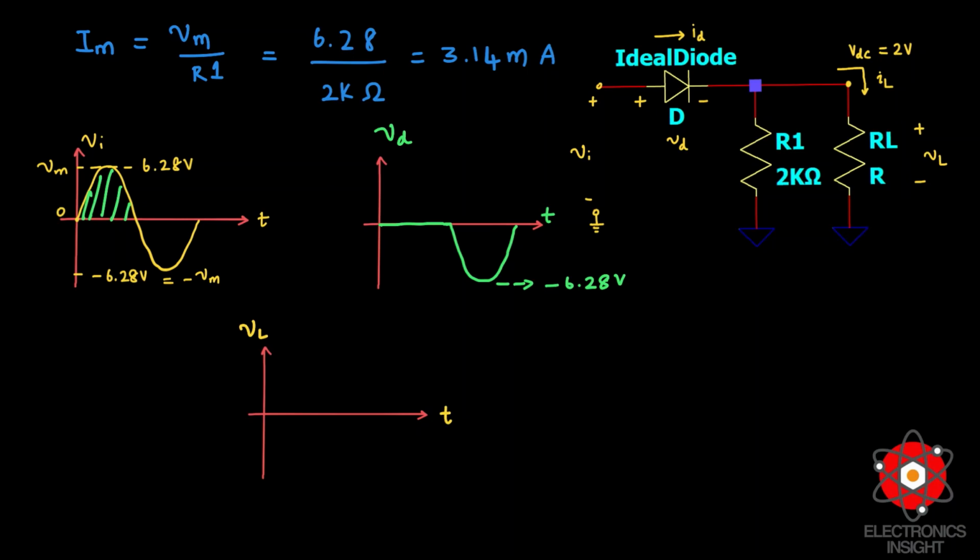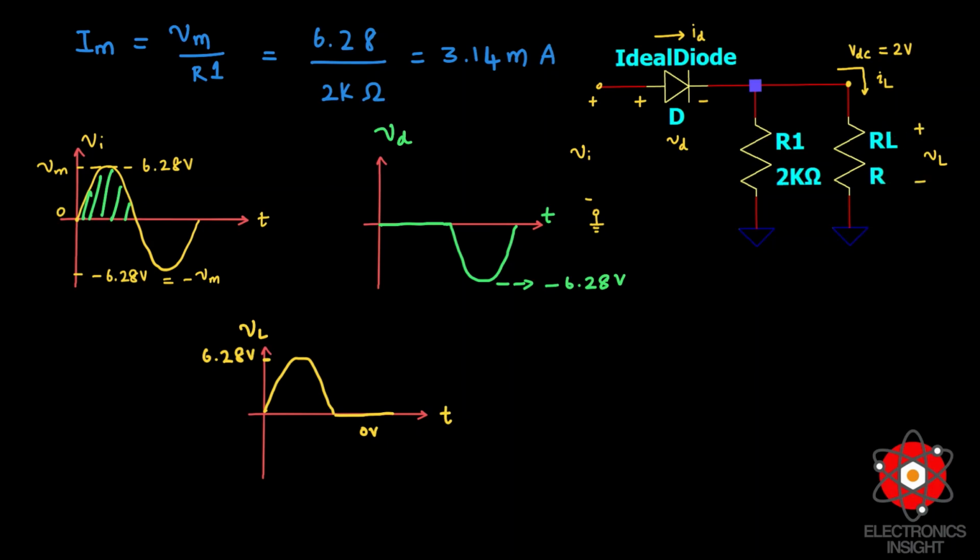So the voltage across the load resistor VL will be 6.28 volts during the forward bias of the diode, and during the negative half cycle the diode is in reverse bias, so we get 0 volts. You can see how the AC input has been transformed into a pulsating DC as per the half-wave rectifier output, and that output we have measured across this load resistor.